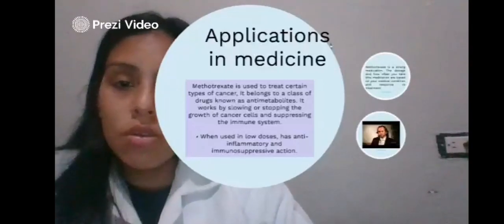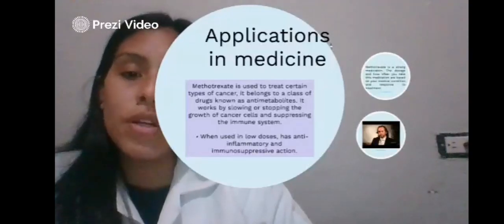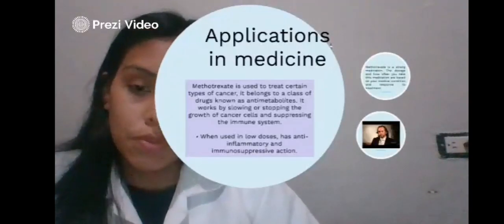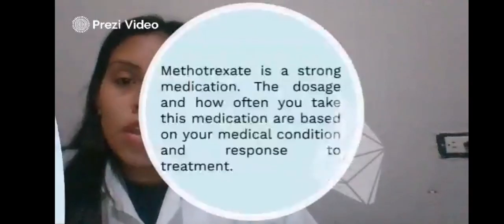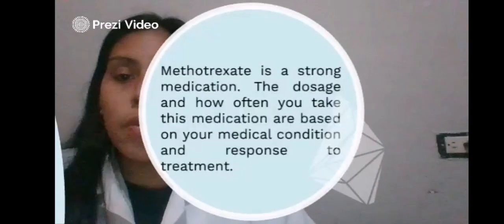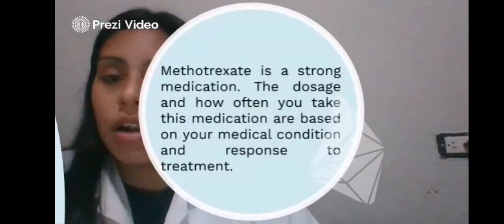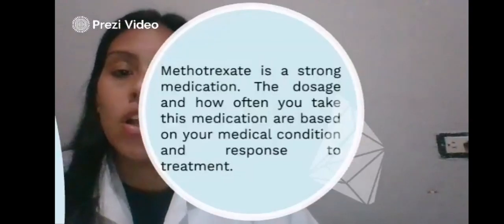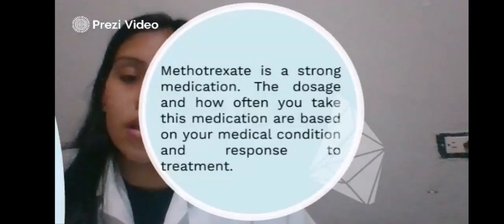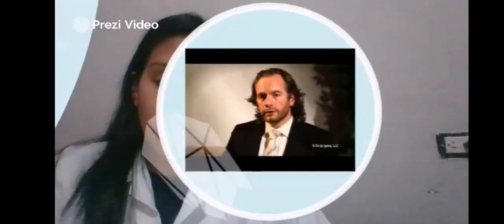We use low doses as anti-inflammatory and immunosuppressive agents. The dosage and how often you take the medication are based on your medical condition and response to treatment. It is an antimetabolite class of anti-cancer drugs.